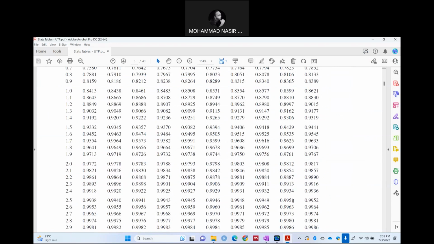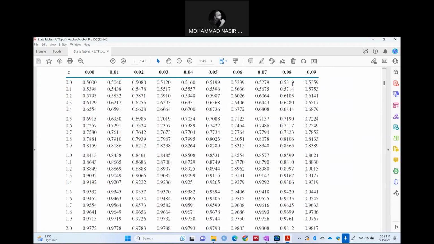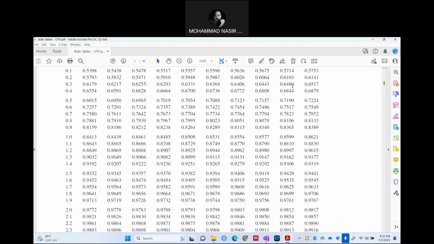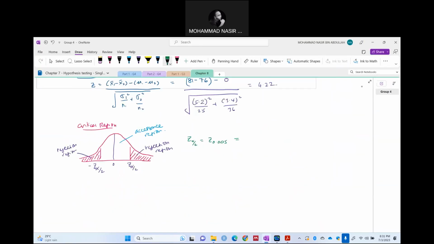So 0.995 should be somewhere between these two values, which is 2.57 and 2.58, right? If you take the middle value, it should be 2.575.